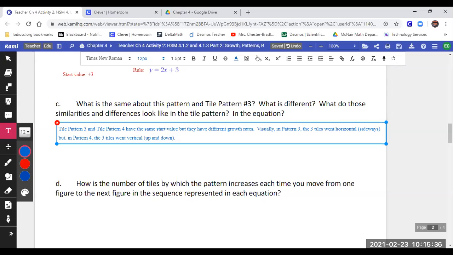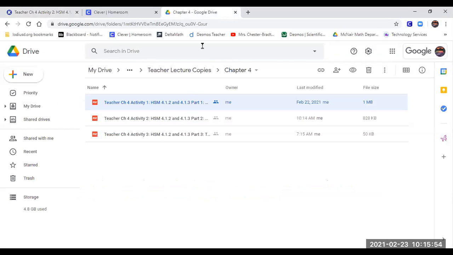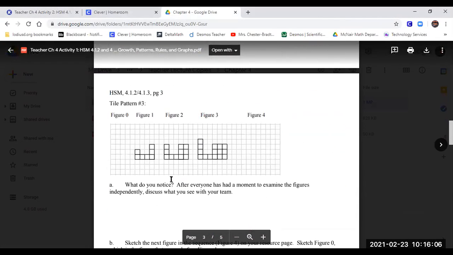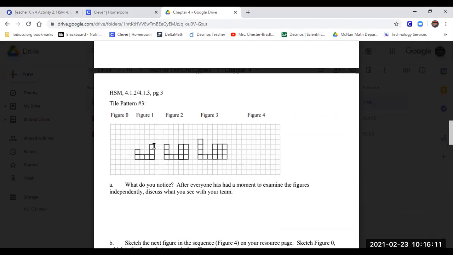Visually, what happened differently between pattern 3 yesterday and pattern 4 today? Bring up yesterday's again. Okay, pattern 3. We started with 3, but what happened yesterday to that pattern?